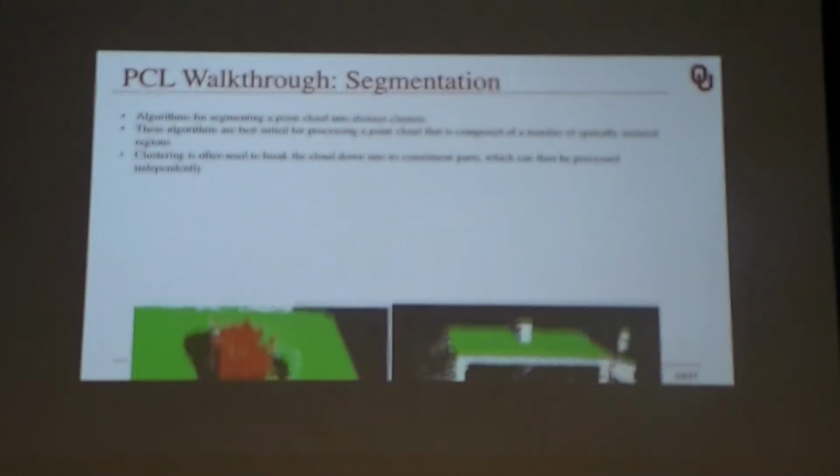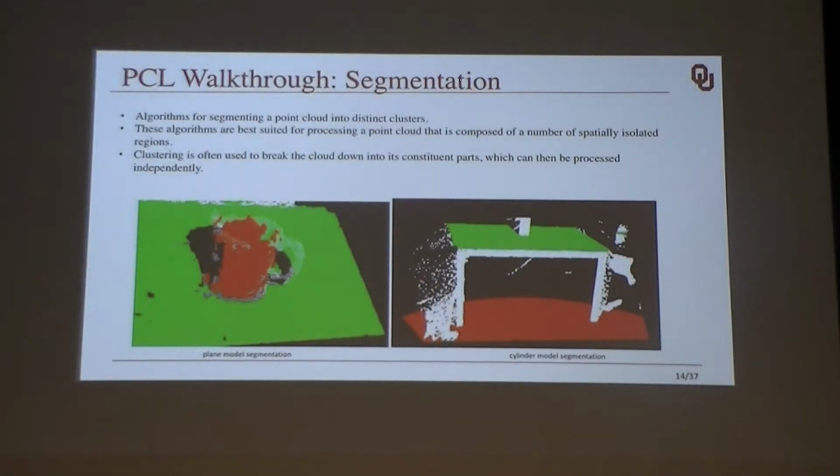The second module is called segmentation. As we know, the idea of segmentation is to separate objects in the scene, as we notice here, the surface of the table and the table, the ground. In segmentation, there are many state-of-the-art algorithms, and they are optimized to work with point clouds.